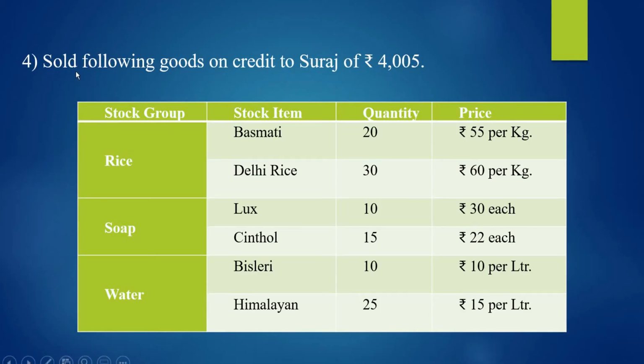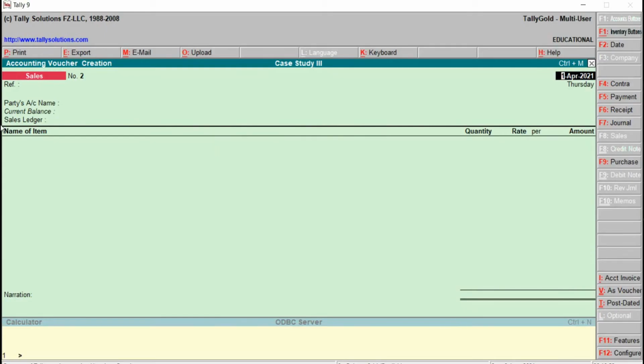The next one is regarding about the sales again. Sold following goods on credit to Suraj of rupees 4,005. And here we have the list of items. Let's see this particular recording. Sales voucher number 2, that is voucher number 2.